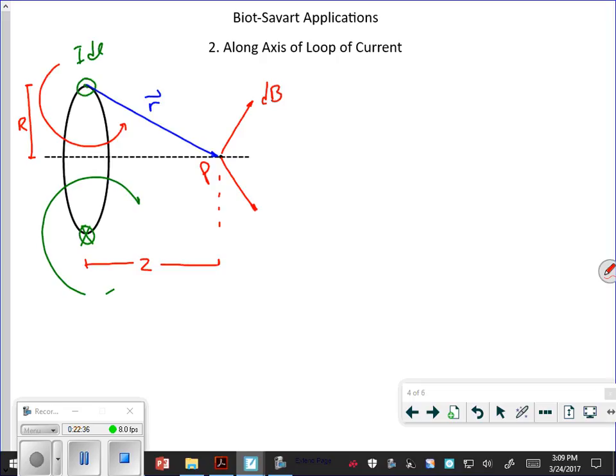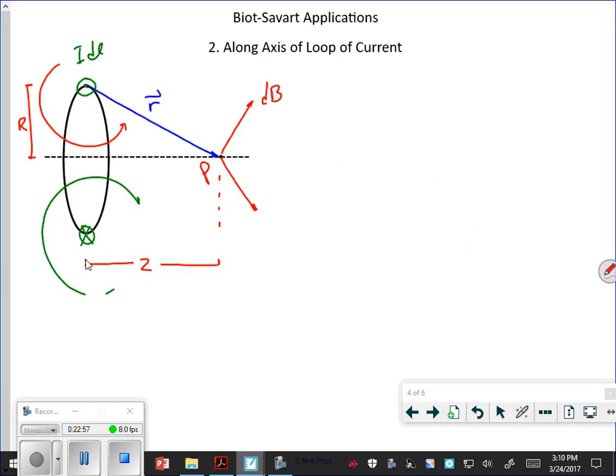There's absolutely no rule that it's supposed to be parallel or perpendicular to vector R. It's literally like a circle. Here's that current element down here, and our point P happened to be right here, so it's tangent to that circle.